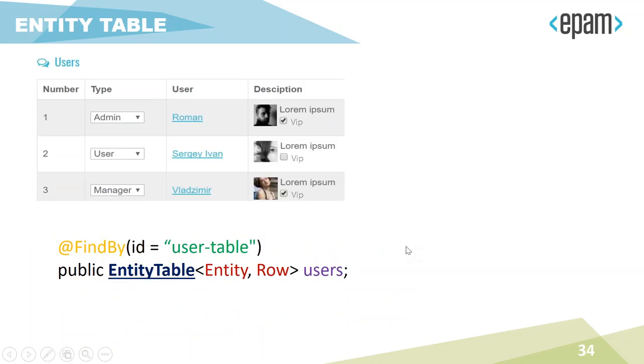One more tricky case or extension to the tables understanding, we also have the kind of entity tables. We call them like this. And when you work with your tables, you can operate with them as the list of some entities or data in table.